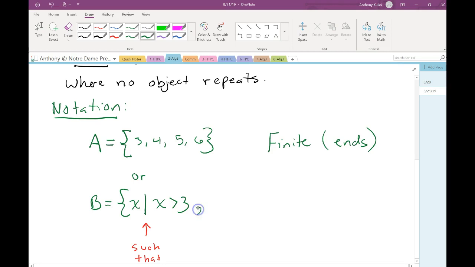There's a symbol that we use to represent the integers that probably you haven't seen before, but I'll write it down here in a second. So again, B is the set of x's such that x is greater than 3 and x, and then I'm going to draw this symbol.